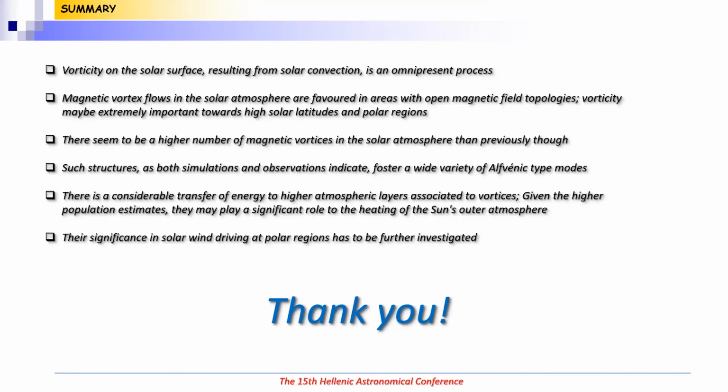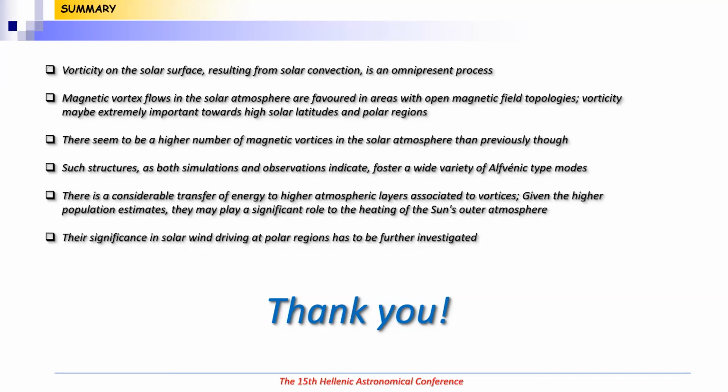So, coming to my summary, vorticity on the solar surface that results from solar convection seems to be an omnipresent process. Magnetic vortex flows seem to be favored in open magnetic field topologies. Therefore, this implies that vorticity may be extremely important when we go to solar latitudes and polar regions, where unfortunately projection effects do not allow us to observe them directly.